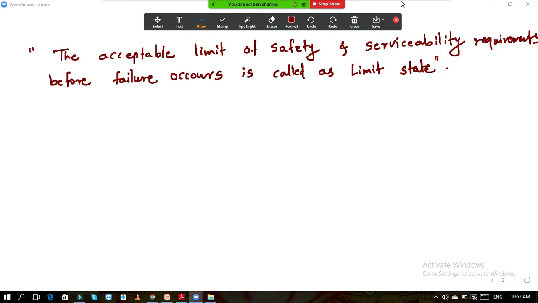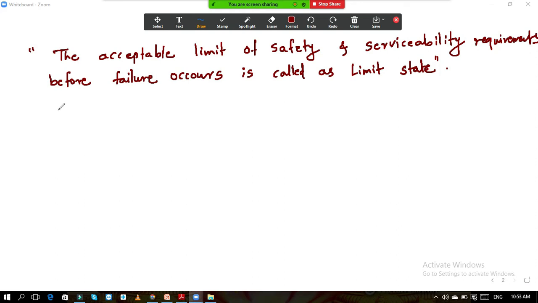So there are two prominent types of limit state. First is the limit state of collapse, and second is the limit state of serviceability.